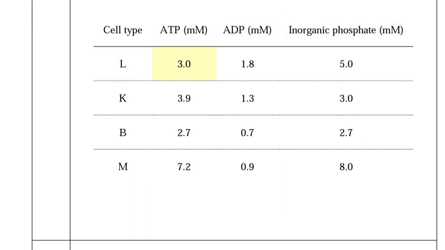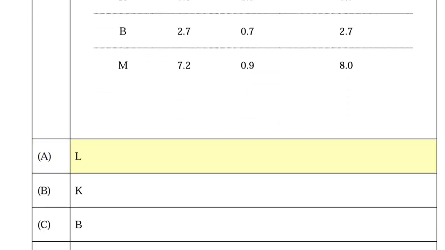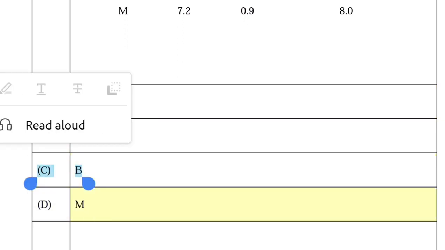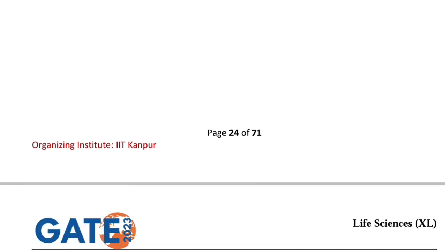L 3.0, 1.8, 5.0; K 3.9, 1.3, 3.0; B 2.7, 0.7, 2.7; M 7.2, 0.9, 8.0. A. L, B, K, C. B, D. M.